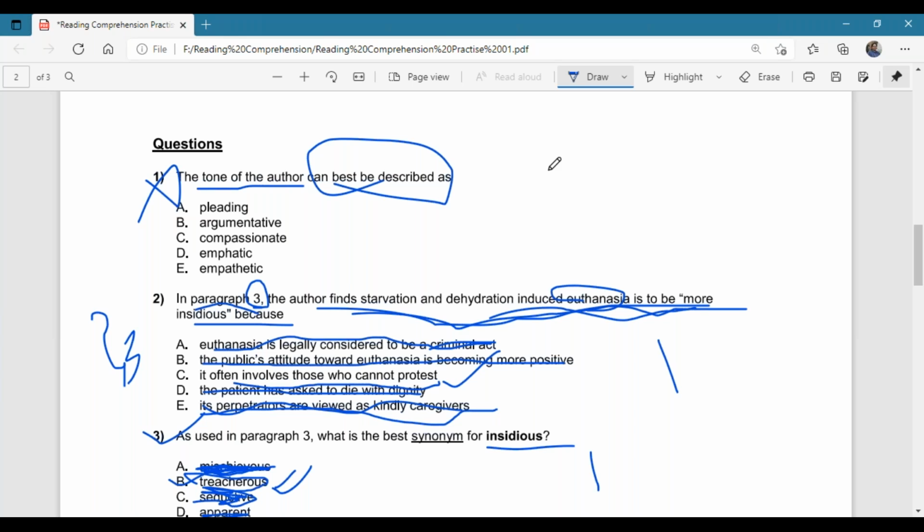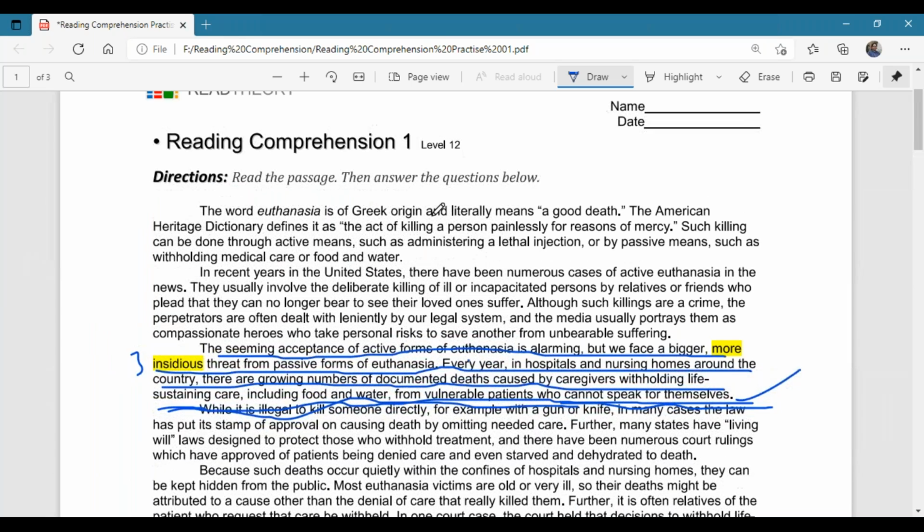No. Empathetic means ability to understand some other's point of view. One is understanding, one is explaining another's point of view. But he is not explaining any person's point of view. He is just explaining his own love and care towards those people. So he is being compassionate. C is the right answer here. Because he is just trying to be very soft and very concerned about those people. That's all. So he is being very compassionate. If you recheck the passage again, you will understand that.